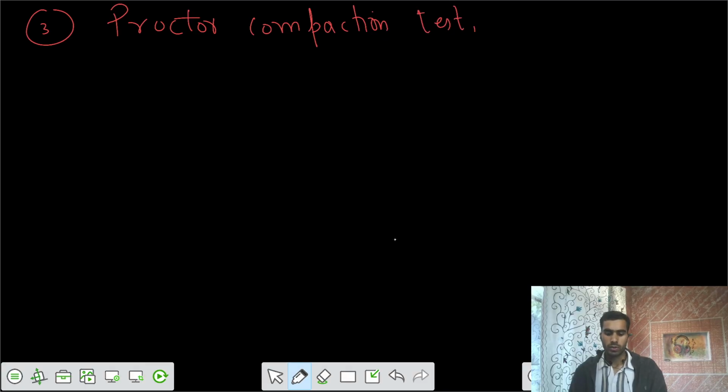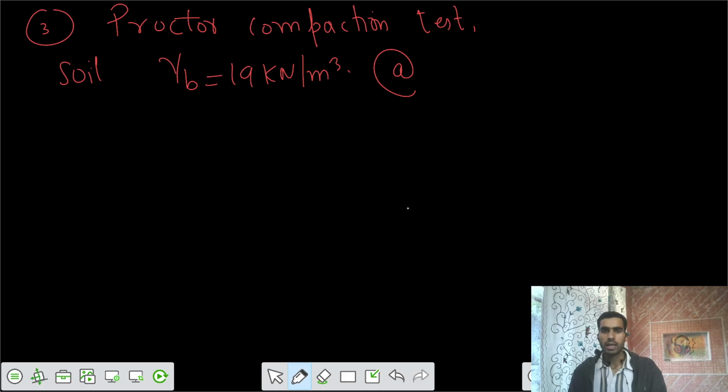In that, there is a soil which has a bulk unit weight of 19 kilonewton per meter cube, at a water content of 15%.